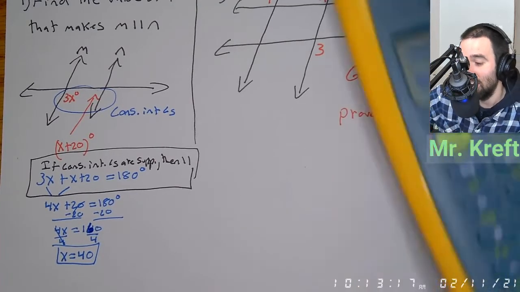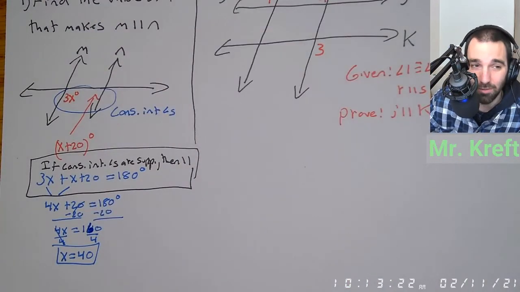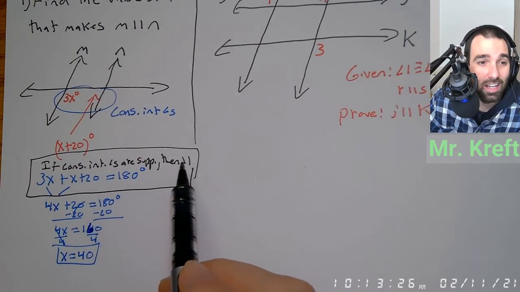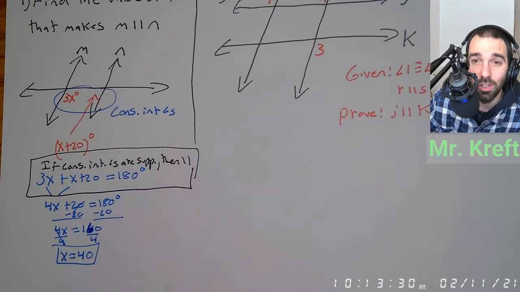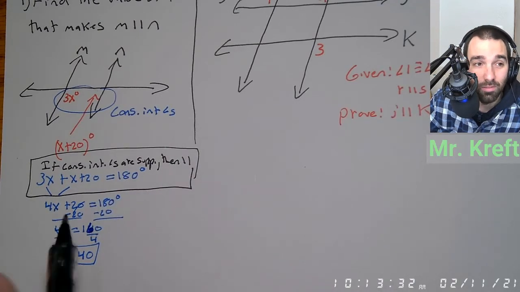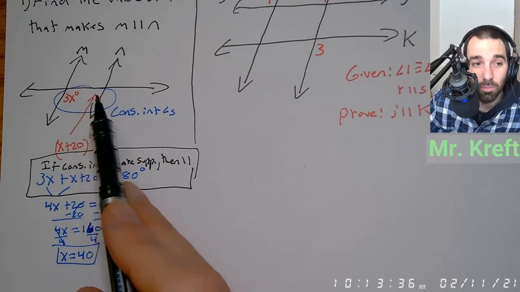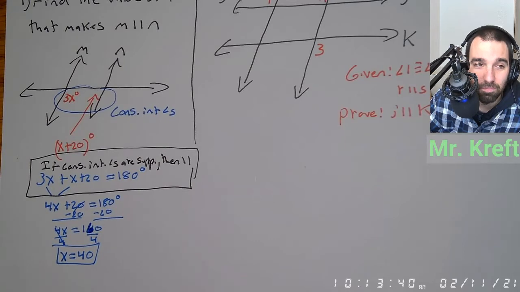Okay, so that's kind of what we worked on last time. If you have questions on that, you should let me know, like, I'm confused why you did that, where you got that. Remember, you're not going to have a lot of time to memorize this, so hopefully you have this in your notes so that you can quickly look it up. You can see the visual and think, hey, if I can make these supplementary, then they're going to be parallel. Okay? So that was that one.